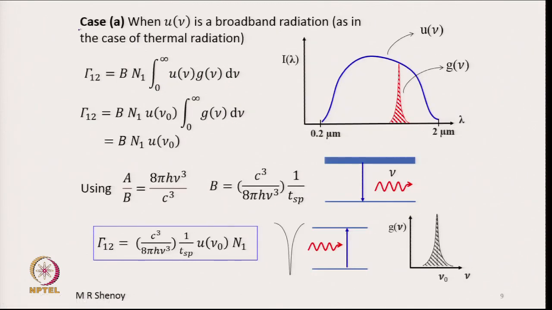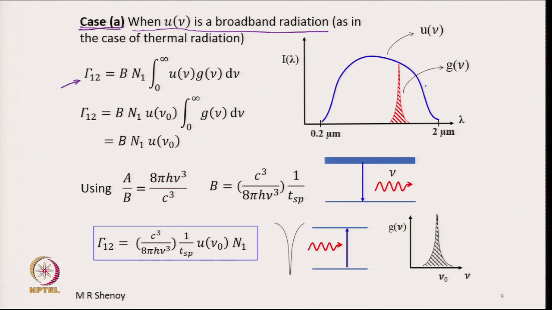First, case 1, when u nu is a broadband radiation, as in the case of thermal radiation. So, gamma 12, the rate of absorption per unit volume, is equal to B times N1 into integral 0 to infinity u nu G nu d nu. If we see this figure here, this tells us the spectrum.